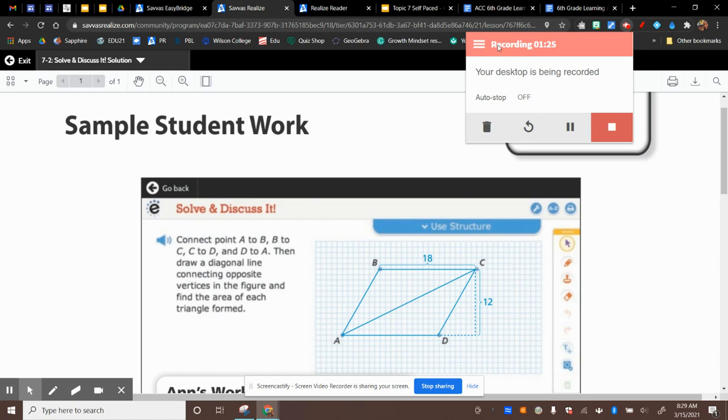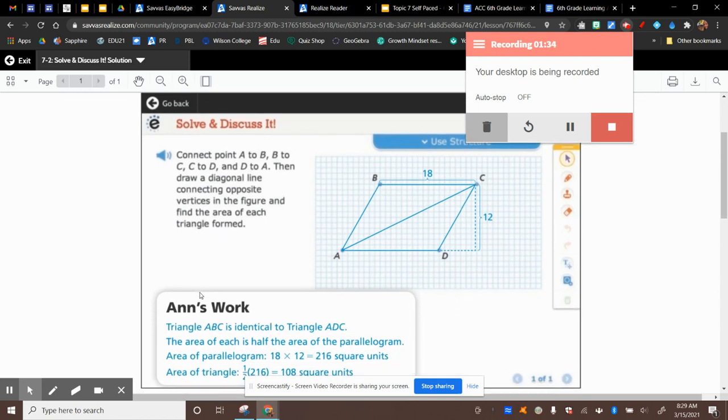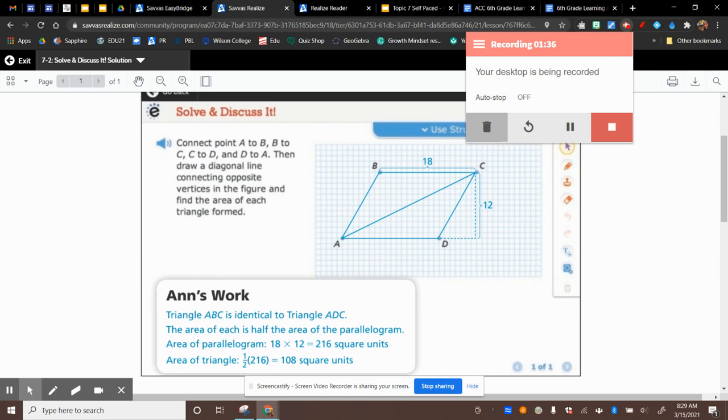Okay, so here you can see that one way to solve this is Anne's work. This ABC triangle is identical to the ADC triangle, and we know the area of a parallelogram would be base times height, and the base is 18.